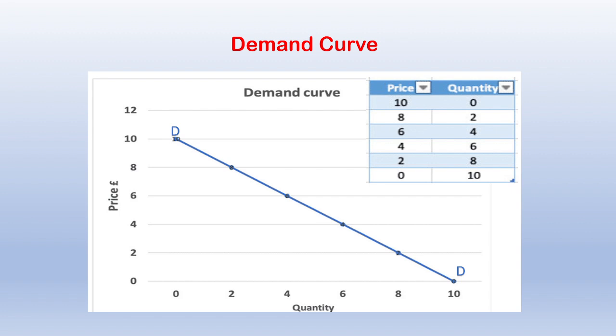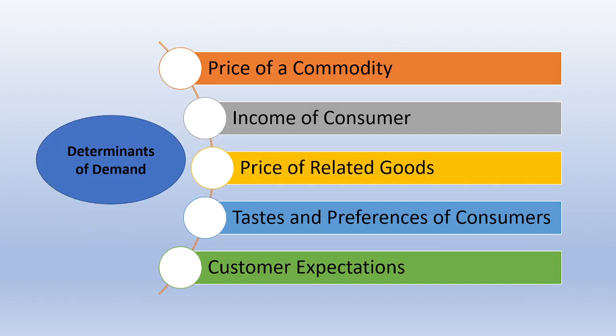Price keeps on falling from 10 to 8 to 6 to 4 to 2 to 0, and the quantity is increasing, from 0 to 2 to 4 to 6 to 8 and to 10. When we plot the demand schedule on the graph, that becomes our demand curve. And this demand curve shows us the relationship between price and quantity. And the negative slope means here the price and quantity demanded are inversely related.